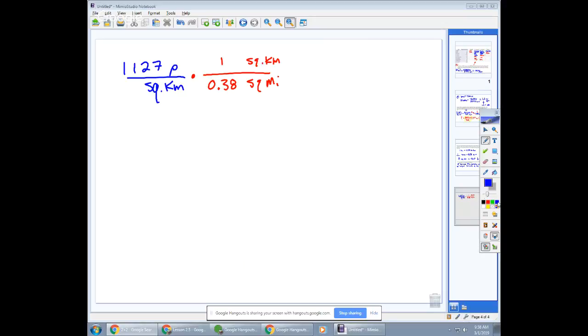That gives me about 2,966 people. We don't deal with parts of people, whole people only, please, per square mile. So it's quite a bit bigger. A third smaller land area gives us 3 times the density, roughly.